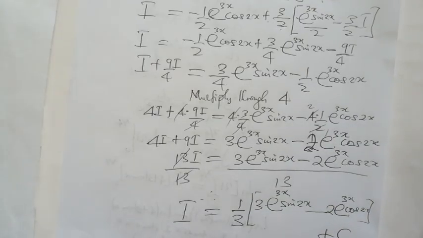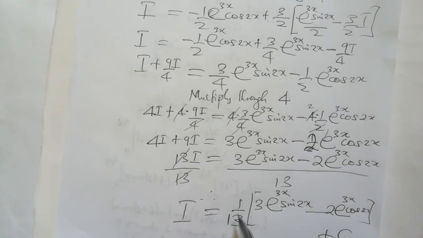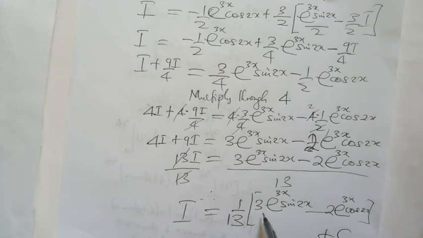So this is going to be our final answer. Dividing by 13, this is going to be 1 all over 13, 3e to the power of 3x sine 2x minus 2e to the power of 3x cos 2x.